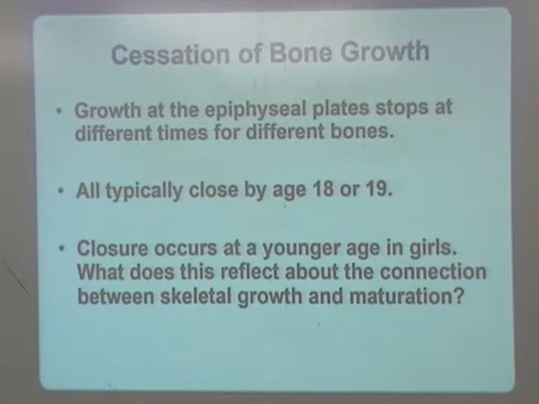Children who are going through growth and they're jumping or running a lot, then you see some damage at that junction where the tendon is attaching to the bone, and it can be pretty painful.